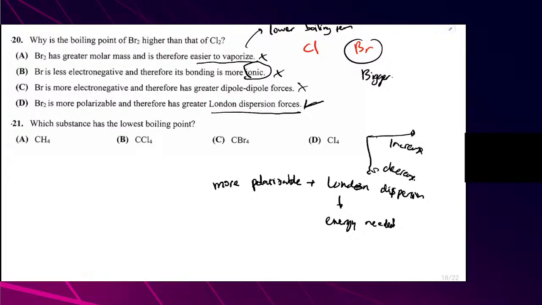CH4 is 16, right? CCl4 is 154, CBr4 around 332, CI4 is 519. Okay, so the lowest boiling point.